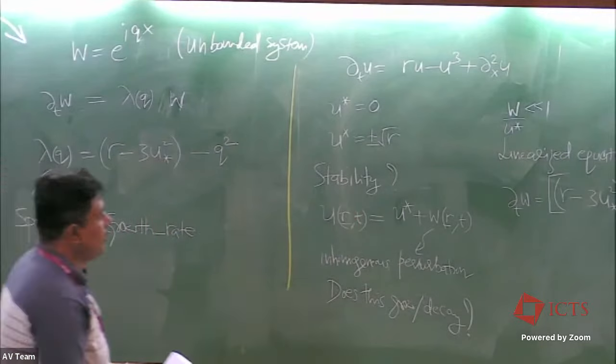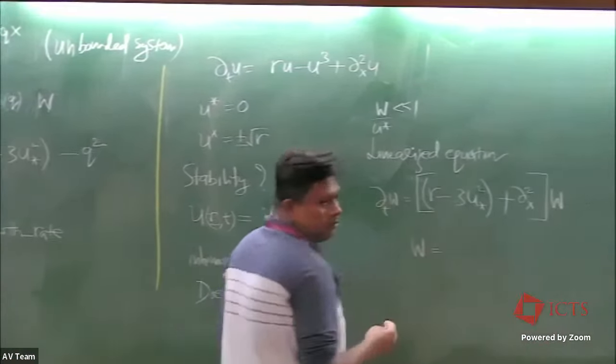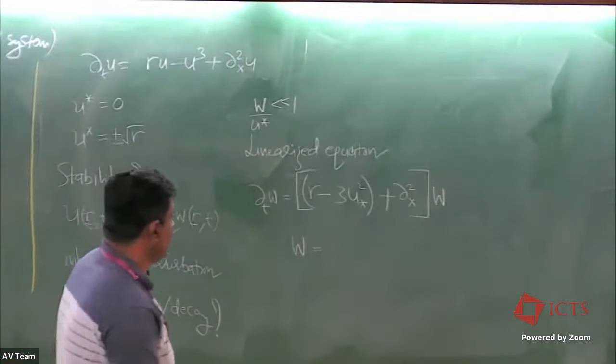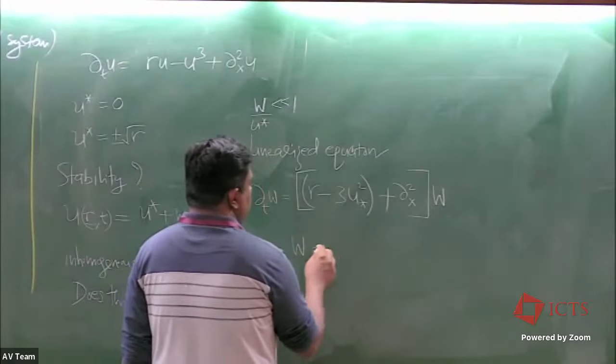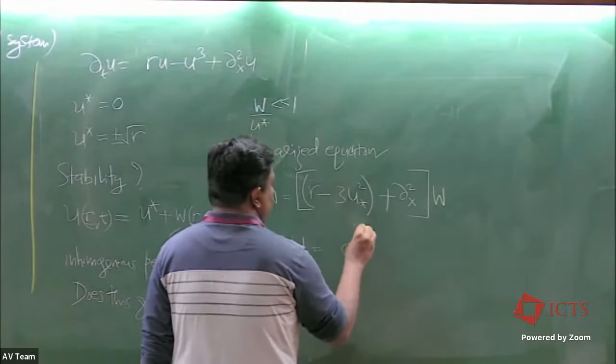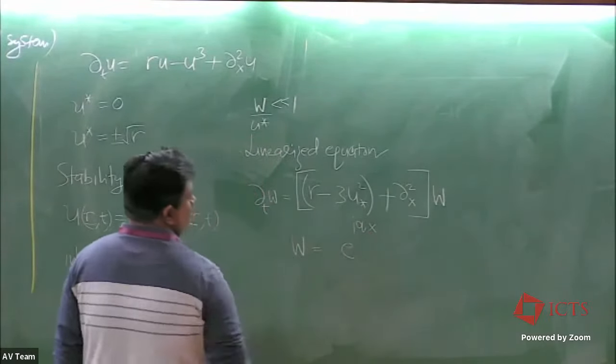And from there on, I said, take W to be, okay, so let's say you take the perturbation to be something like e to the iQX and plug this in.